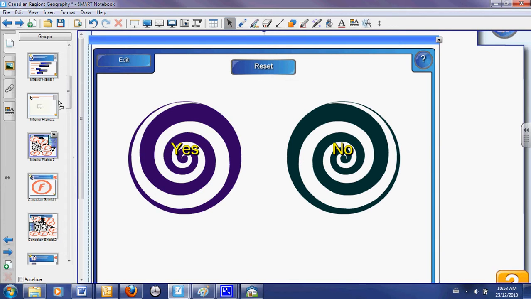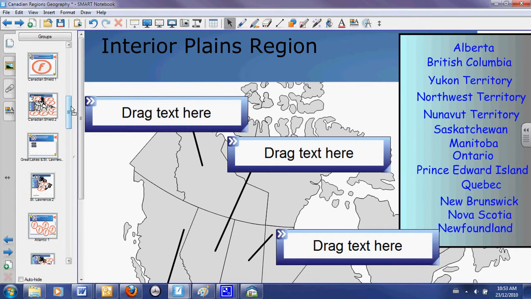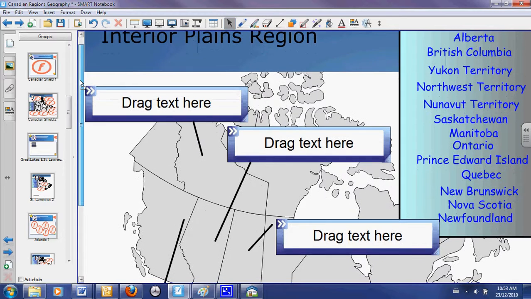The next slide again is a mapping question, and again this is for the interior plains region.